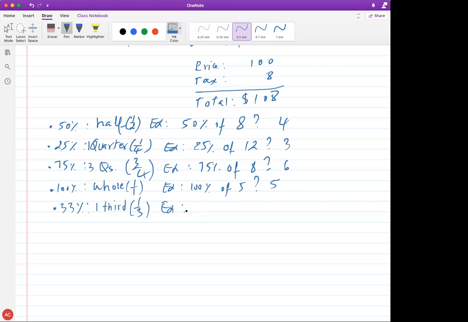For example, what is 33% of 6? In other words, what is 1/3 of 6? So 6 is basically 2, 2, 2. 1/3 would be 2, 1 out of 3 portions.